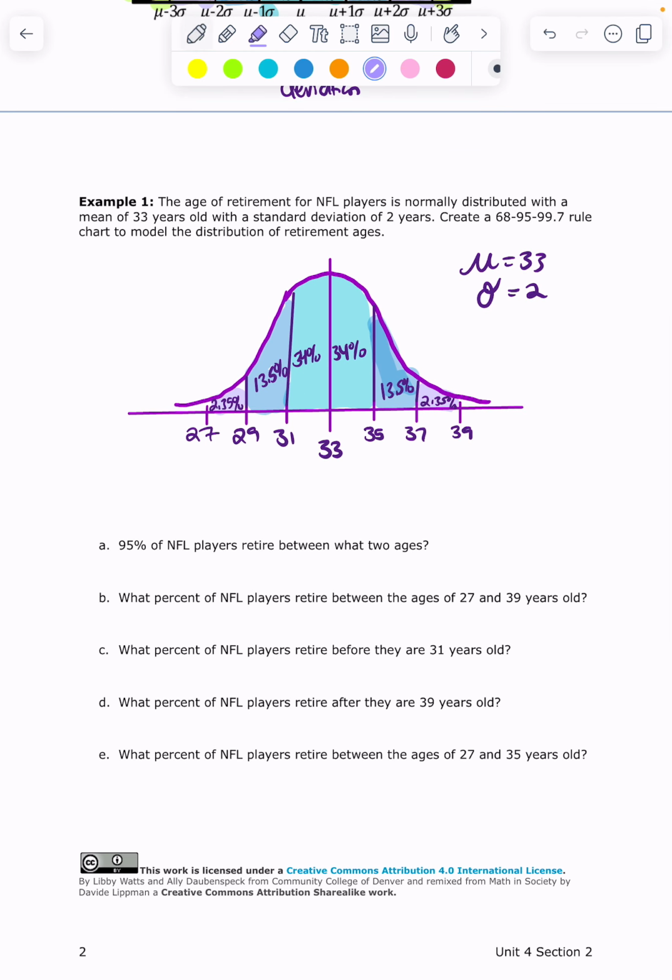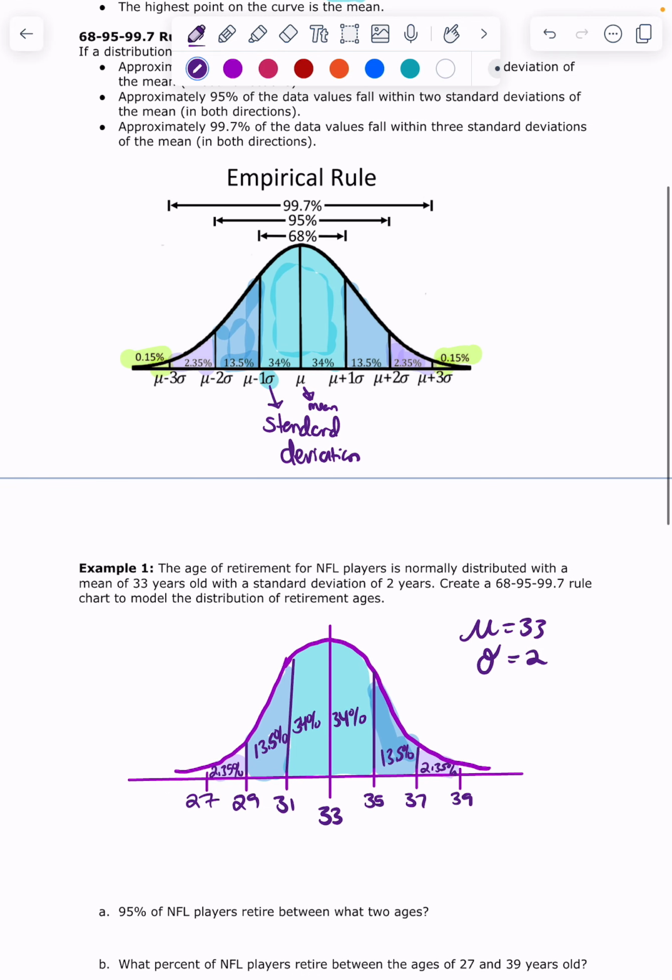I haven't even looked at the questions, but generally you need to at least calculate what all the little numbers will be, starting with the mean in the middle. So 95% of the players retire between what two ages? If you go back up here, 95% stretches down to between the 13.5 and 2.35.